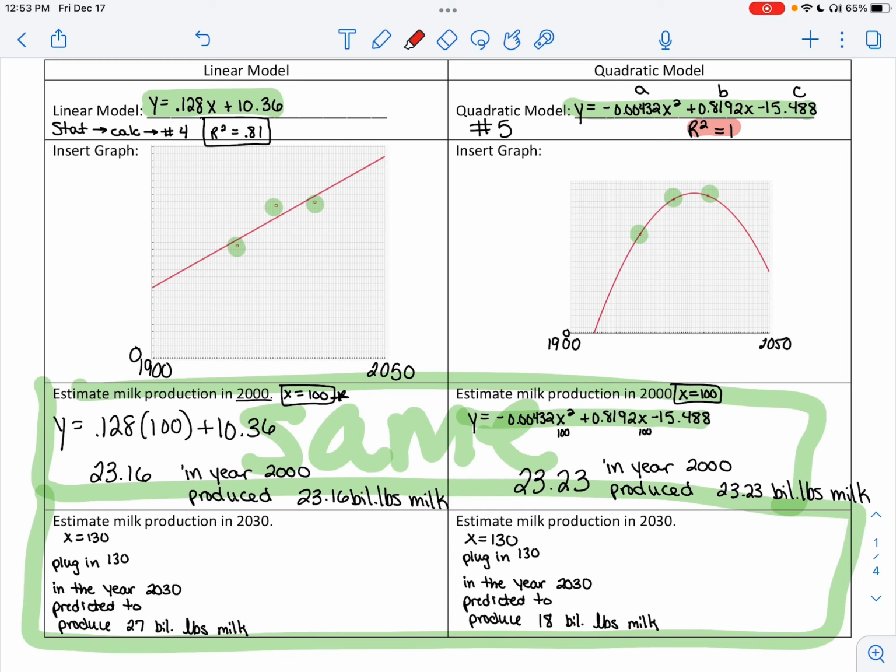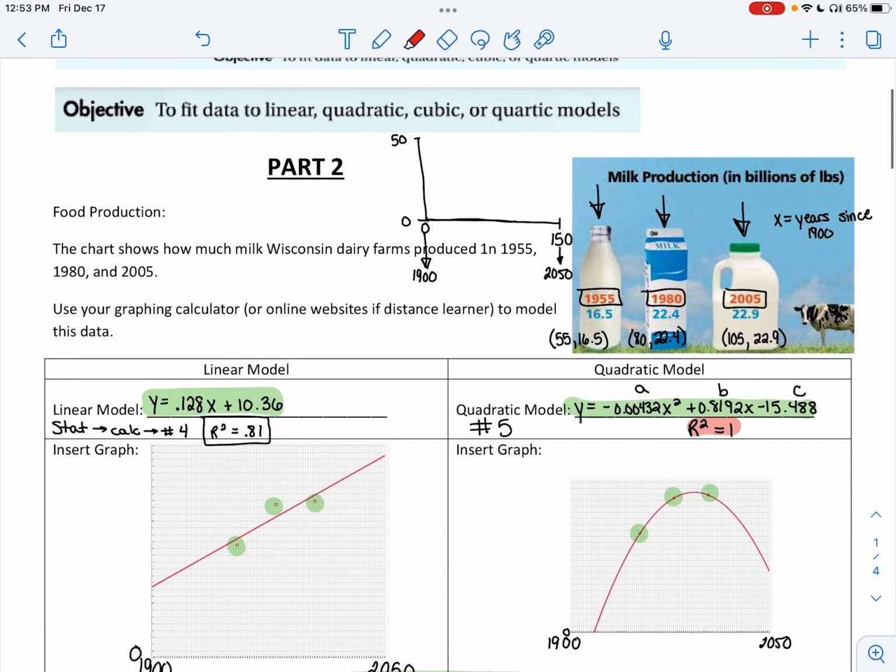But I would like to defend the linear model in this because I can't really see, unless maybe something happens where Wisconsin doesn't produce as much milk, but if the pattern continued, I would say that it would continue more on a linear model than on the quadratic model, because the quadratic model starts going back downhill and it doesn't really look like that's going to be the idea for this particular farm.